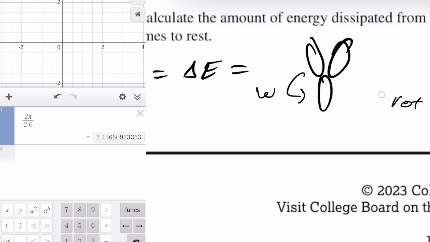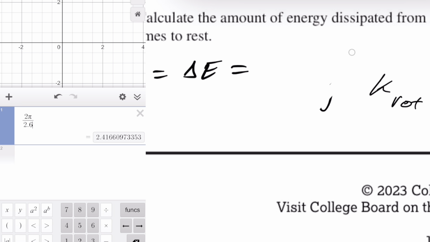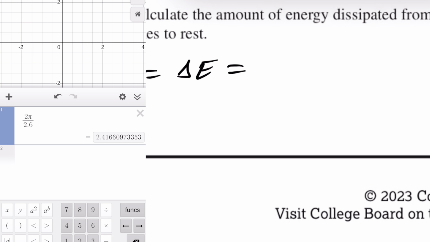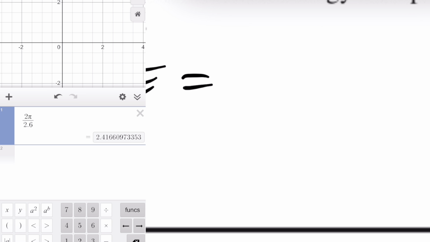So its rotational kinetic energy, and it doesn't have translational either because its center of mass is not moving while rotating. So we don't have to care about that. We just have to think the change in energy must equal the change in rotational kinetic energy, because it has rotational kinetic energy initially when the wind stops blowing, but it doesn't at the end. Its rotational kinetic energy will go to 0.